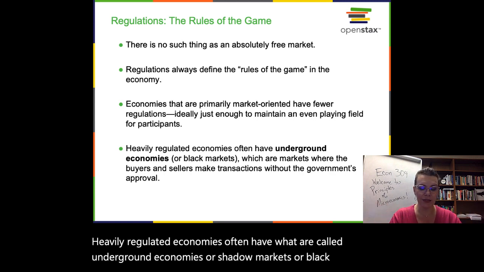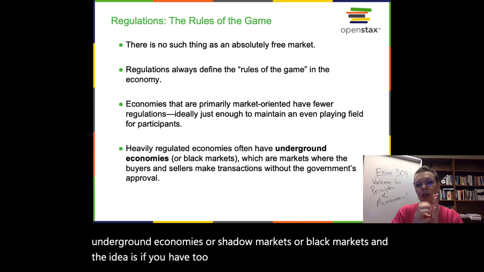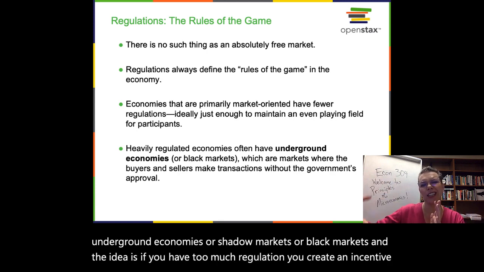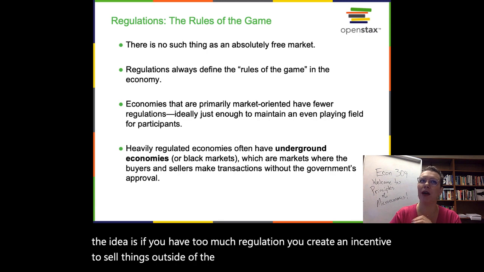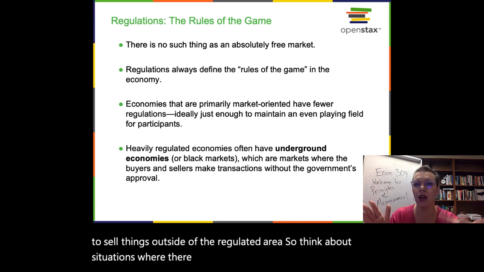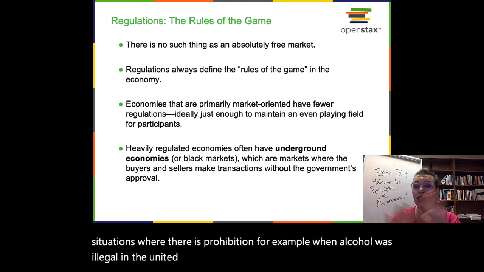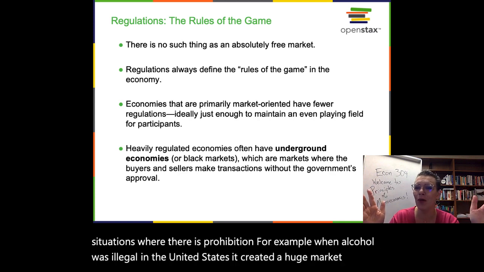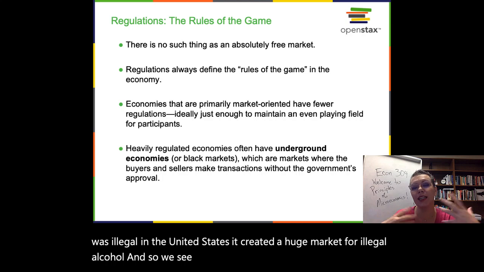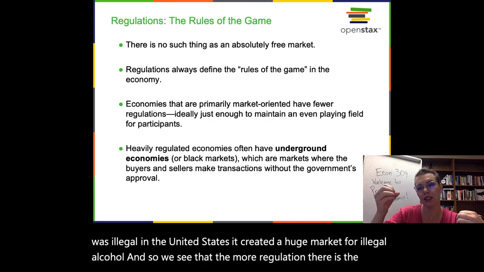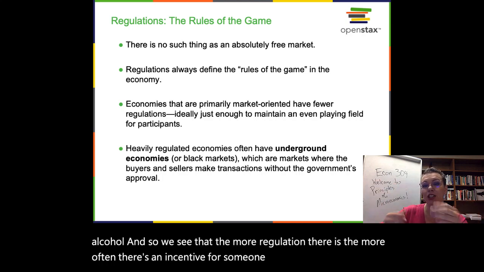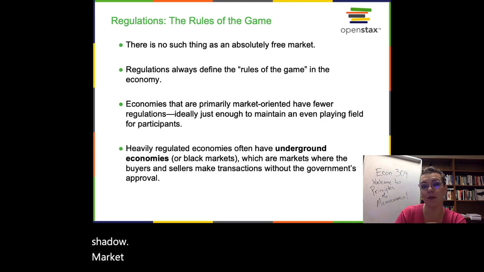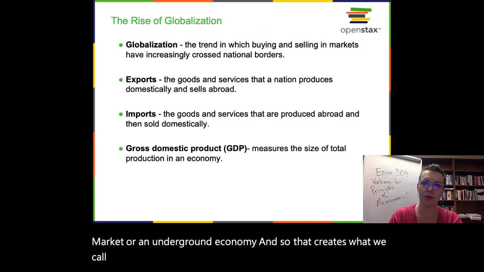And the idea is if you have too much regulation, you create an incentive to sell things outside of the regulated area. So think about situations where there's prohibition. For example, when alcohol was illegal in the United States, it created a huge market for illegal alcohol. And so we see that the more regulation there is, the more often there's an incentive for someone to create a shadow market or an underground economy. And so that creates what we call inefficiencies.